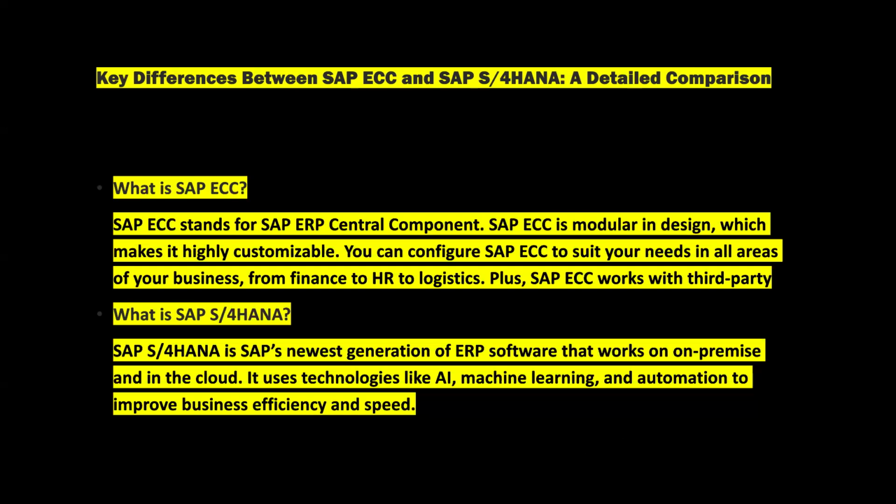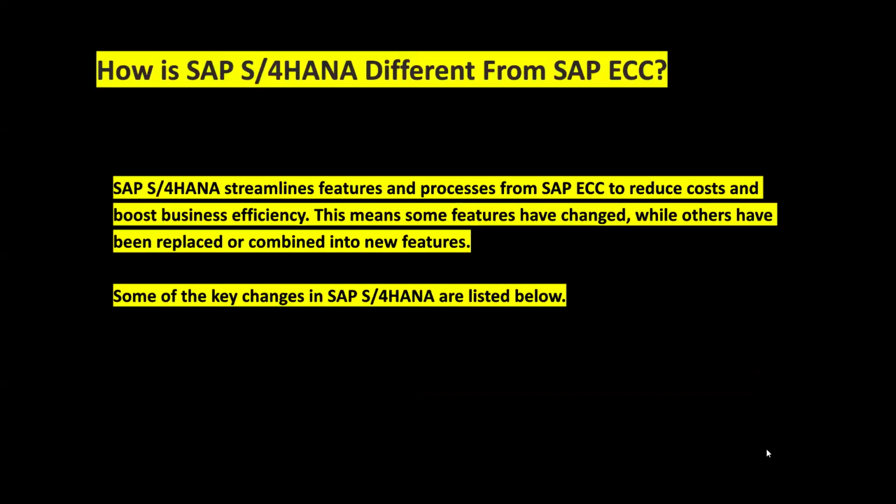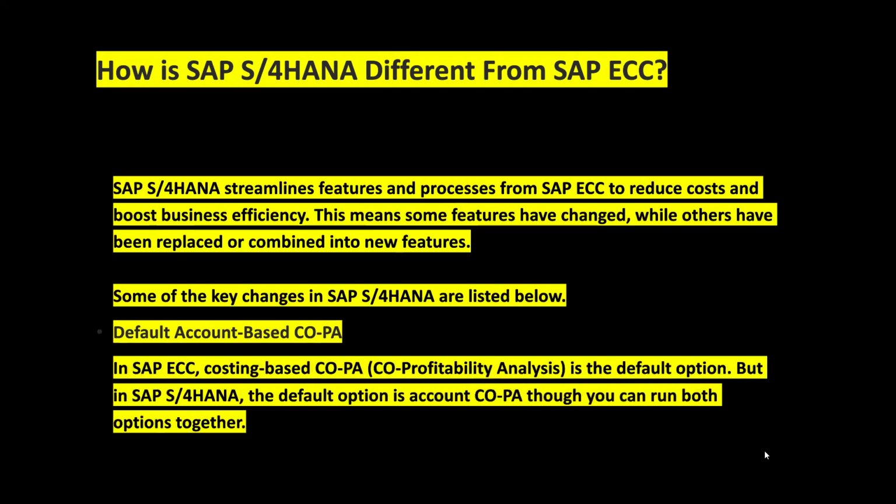And what SAP S/4HANA means is it is the newest generation of ERP software that works on-premise and in the cloud. It uses technologies like AI, machine learning, and automation to improve business efficiency and needs, right? Now, here are some key differences between SAP ECC and SAP S/4.